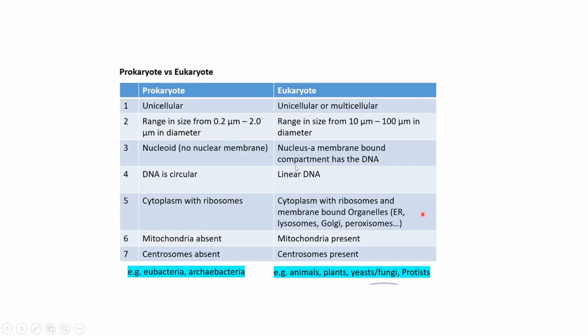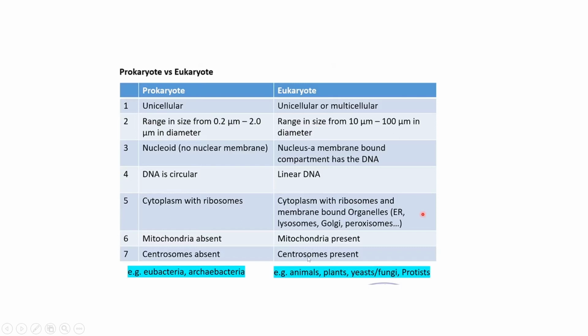Okay, and the DNA is linear compared to the circular DNA in prokaryotes, and the cytoplasm contains ribosomes and other organelles, such as endoplasmic reticulum, lysosome, Golgi body, and peroxisome, and all the other organelles are present, each of which has a very distinct function inside the cell. Okay, and mitochondria and centrosome are also present inside the cell.